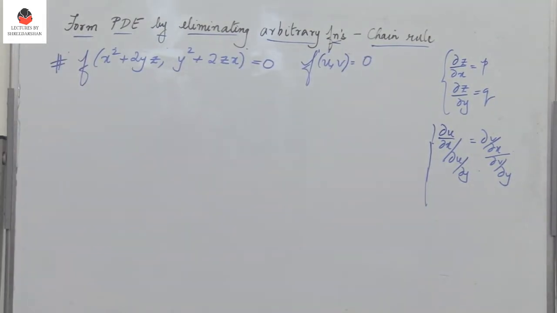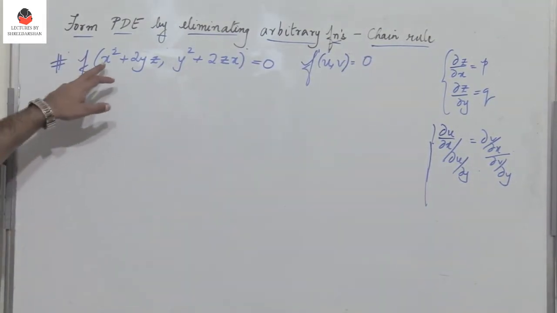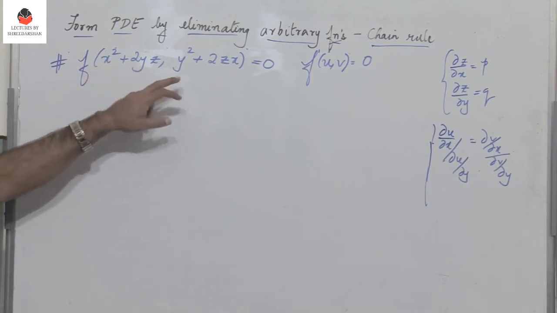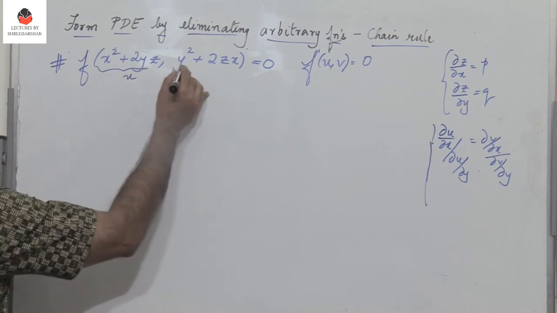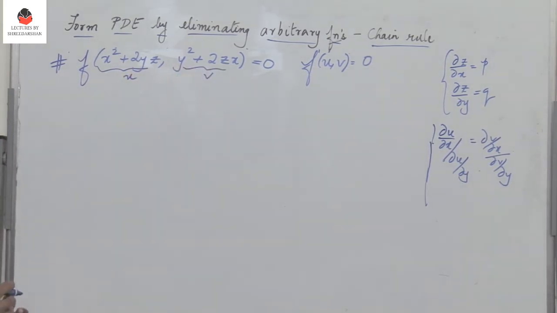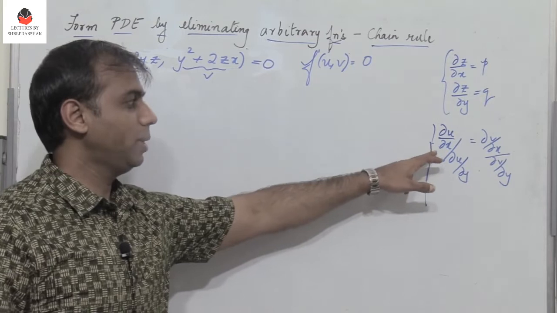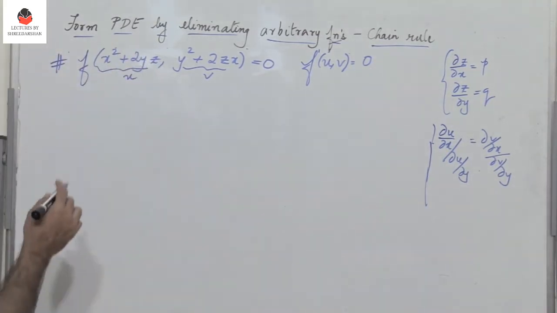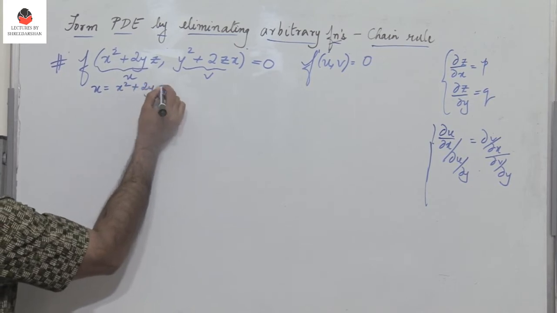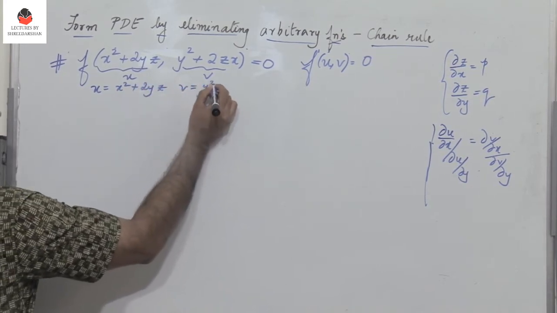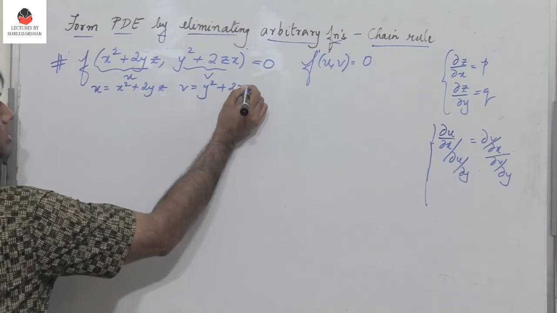So next problem, I have a function f where you have x square plus 2yz and y square plus 2zx. So this is equal to u and this is equal to v. Right? So again we need to find del u by del x and so on. So u equals x square plus 2yz and v equals y square plus 2xz.